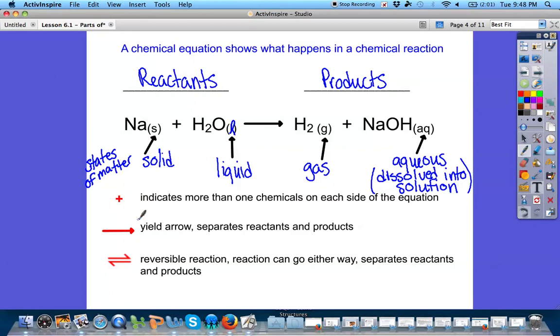The plus sign indicates that there is more than one chemical on each side of the equation. So anytime you hear the words and, you're going to put a plus sign. If you hear reacts with, you are also going to put a plus sign.